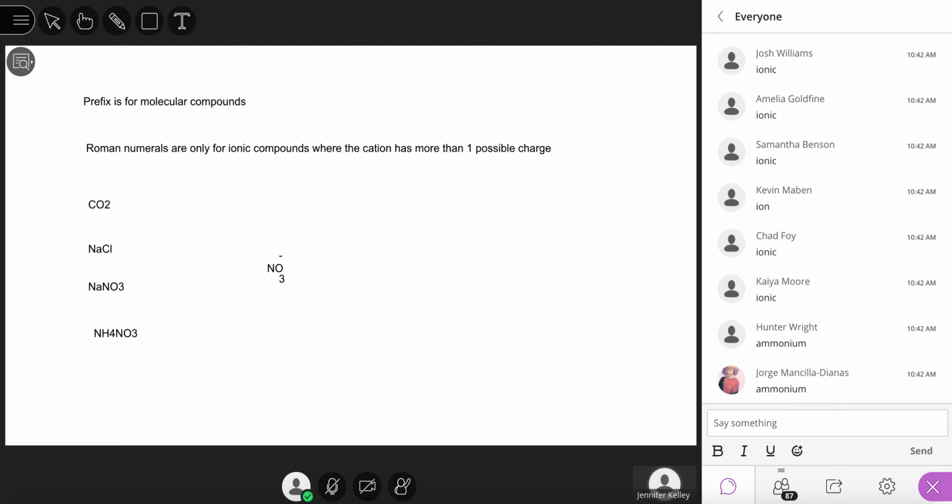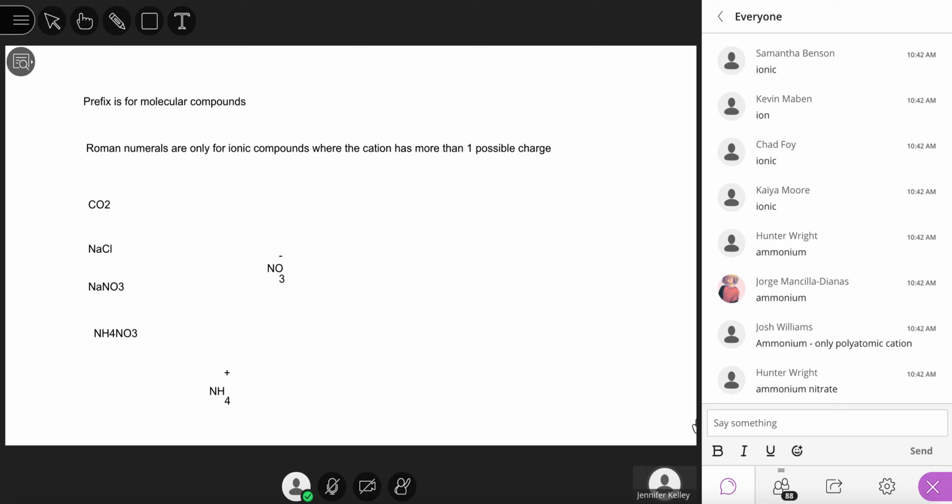Let me see if I can do it like it would look. Okay, so that's NH4 plus, and that's called ammonium. Yeah, ammonium nitrate. Perfect. And then NO3 minus is called nitrate.